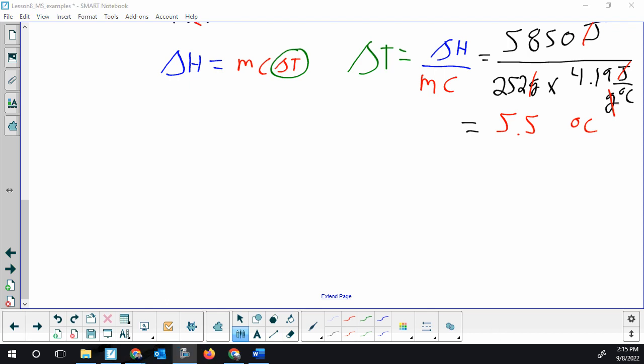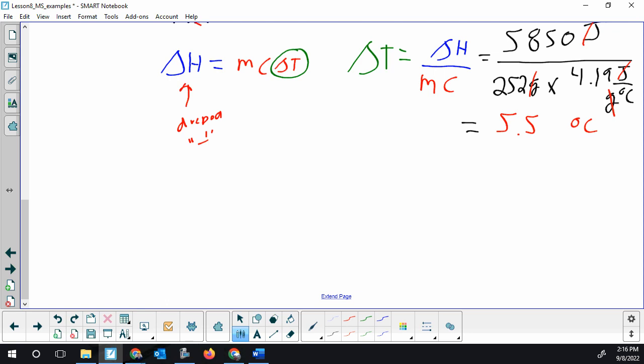I dropped this negative. We have to remember the negative means heat came out. So when heat comes out, we have to think of which way the temperature would go. Would it go up or down? This is exothermic, heat is coming out, so things should get hotter.